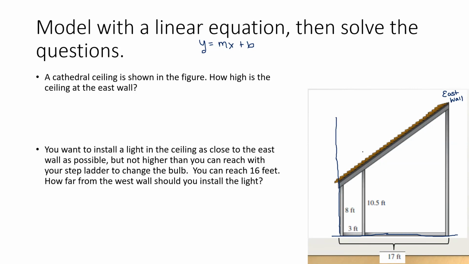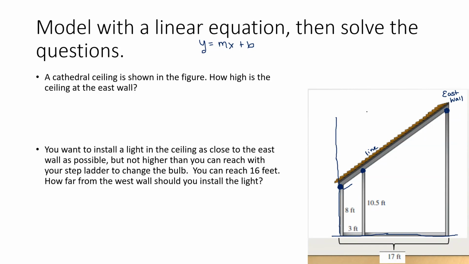So this roof, which it referred to as a cathedral ceiling, this is my line. So my line is this diagonal line that follows the roof line. And so I have an ordered pair right here for this first wall, an ordered pair right here for the second wall, and then the ordered pair up here that I'm trying to figure out.